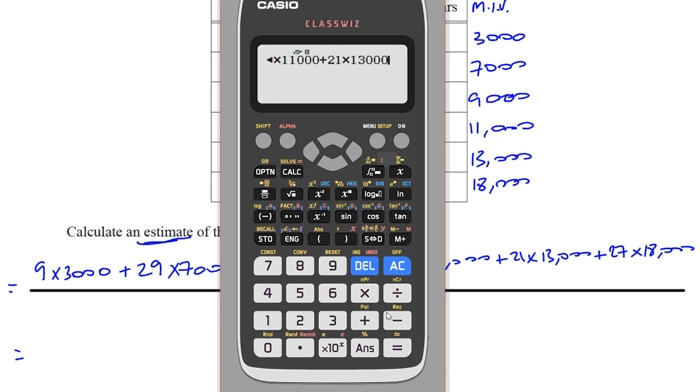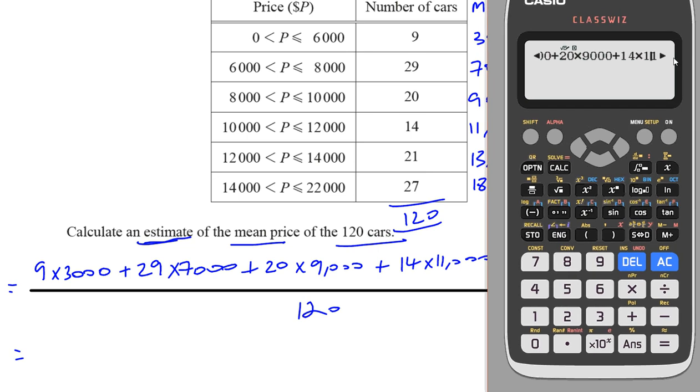Plus I've got 27 times 18,000. It's very easy to make a mistake here. So look, you've got 27 times 18,000 and 21 times 13,000, and plus 14 times 11,000, and plus 20 times 9,000, and 29 times 7,000, and 9 times 3,000, equals.